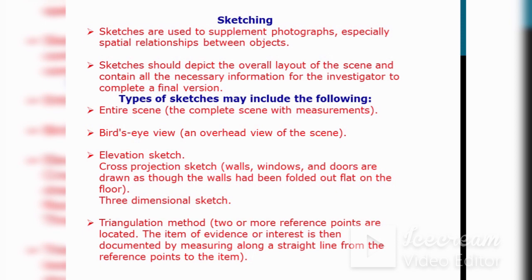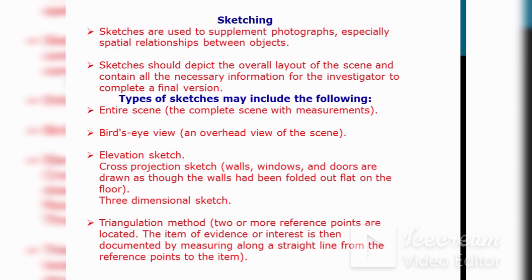Types of sketches may include the following: the entire scene, where one should take the entire scene of the crime place; bird's eye view, an overhead view of the scene; elevation sketch, or cross projection sketch, where walls, windows, and doors are drawn as though the walls had been folded out flat on the floor; and three-dimensional sketch.